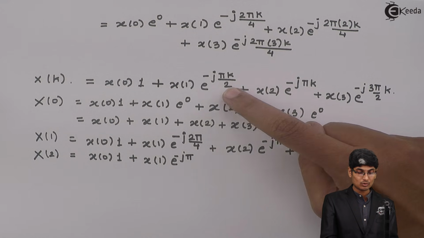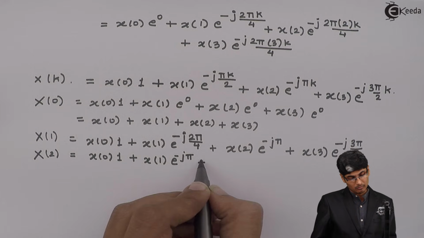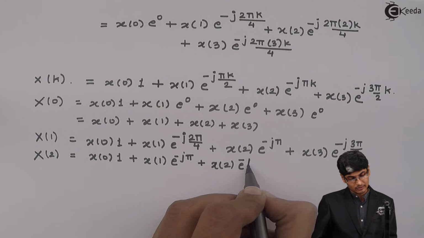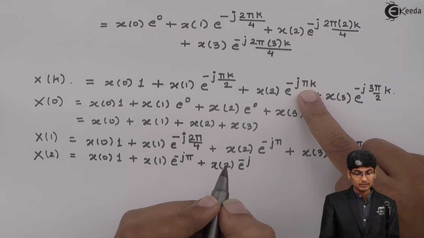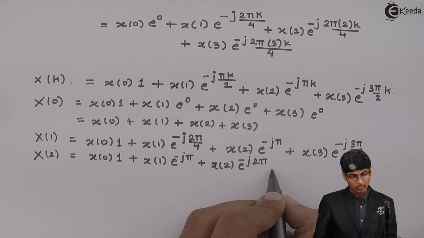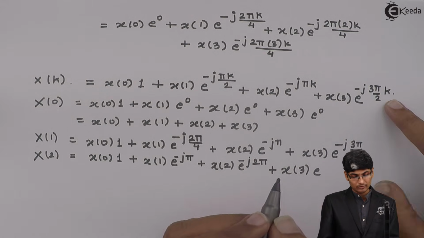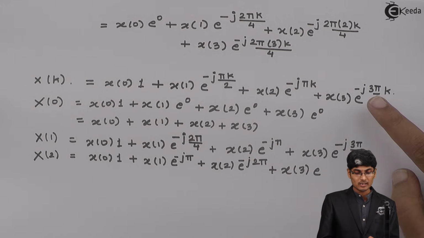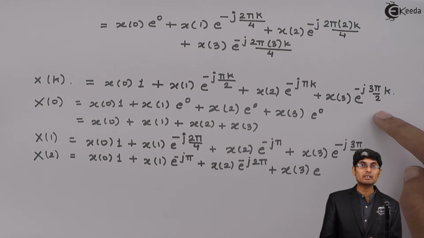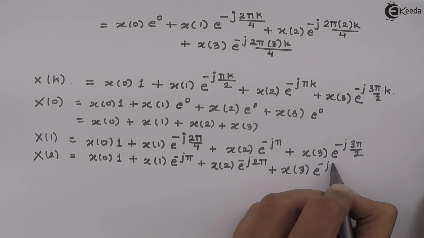So if k is 2, the 2 and 2 get cancelled and I get e raised to minus j pi, plus x of 2 e raised to minus j pi into 2, which gives me 2 pi, plus x of 3 e raised to, here if I put 2, it becomes 6 pi by 2, which can also be written as 3 pi, so I get minus j 3 pi.